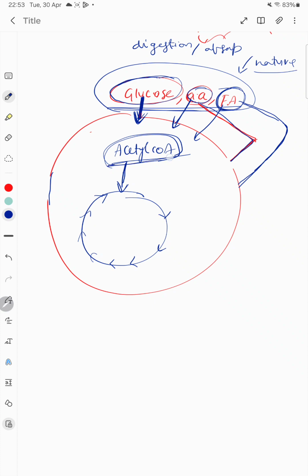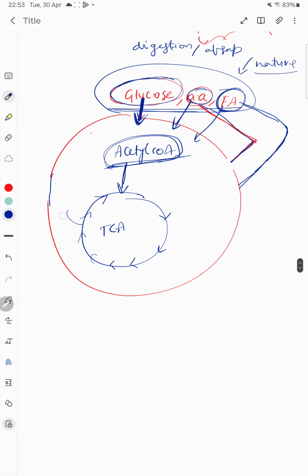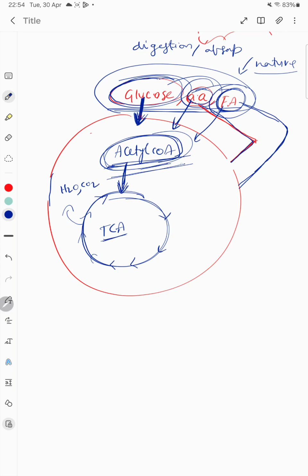So after the TCA cycle breaks up the acetyl CoA, the end products of the breakdown are H2O and CO2. Which means the energy which is embedded in the glucose, amino acid and fat is now in the acetyl CoA, and this acetyl CoA is involved in the TCA cycle. Now the TCA cycle has a job to extract the energy from acetyl CoA.